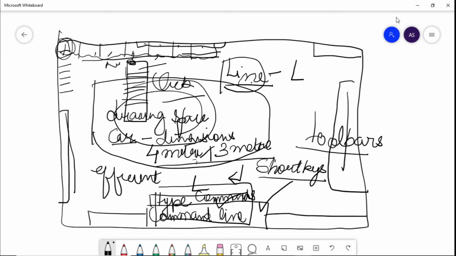So don't confuse the second word of command line with the line command. This word line is actually the command. Circle is another command that you can use in the command window.